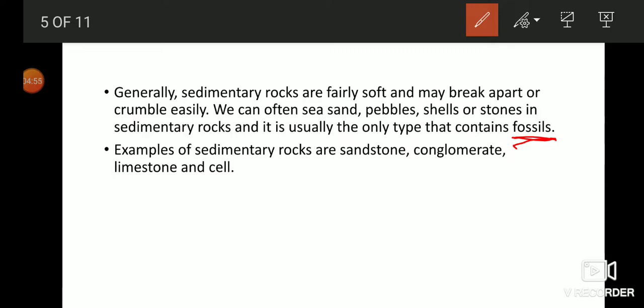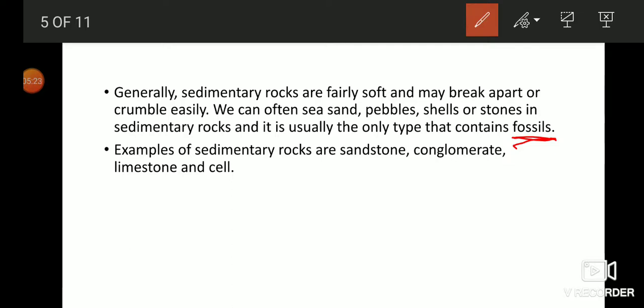Here the parts or remains of plants and animals are preserved by the action of pressure, temperature and chemicals. So most sedimentary rock contains fossils because there is a chance of trapping of these animals' and plants' bodies between the layers of sediments.